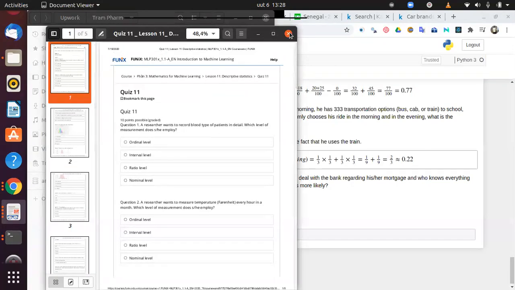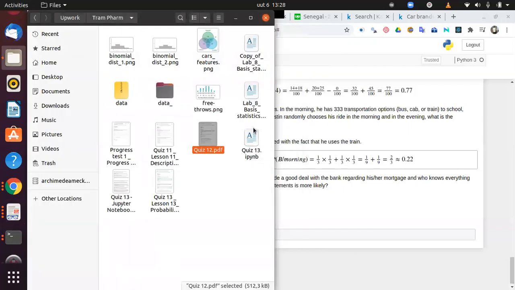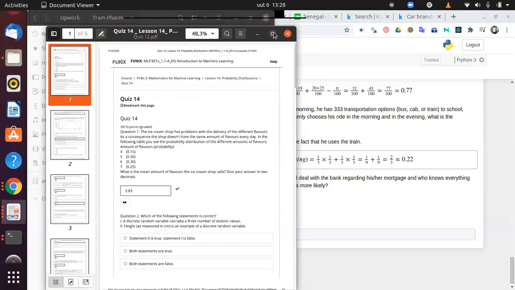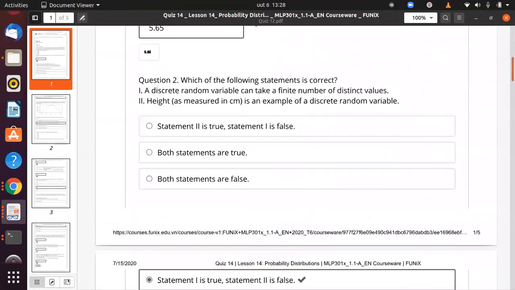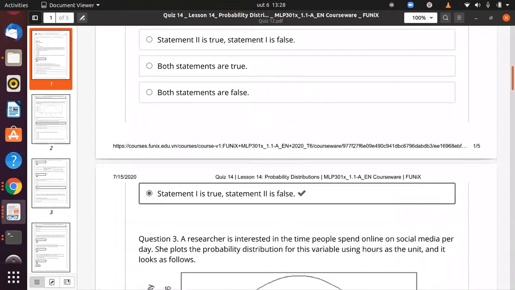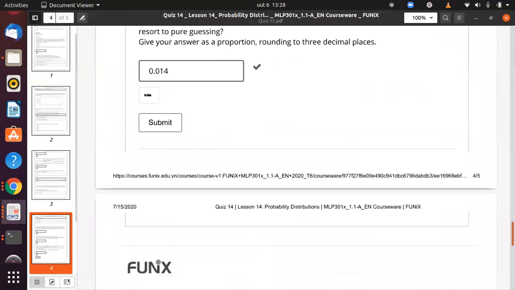We did the 11 the first time. Did we finish it? Yes. It was the 12 we didn't do.